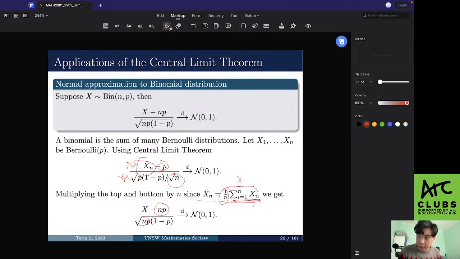So what we've shown is x minus np over root np times 1 minus p is actually convergent in distribution to the normal distribution. So that's basically what it's saying. It's just saying we can take the binomial distribution and then we can turn it into an approximation through normal.